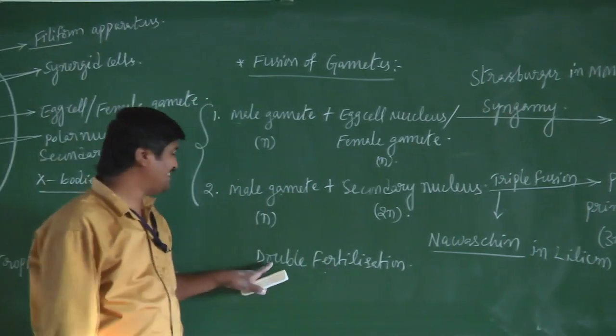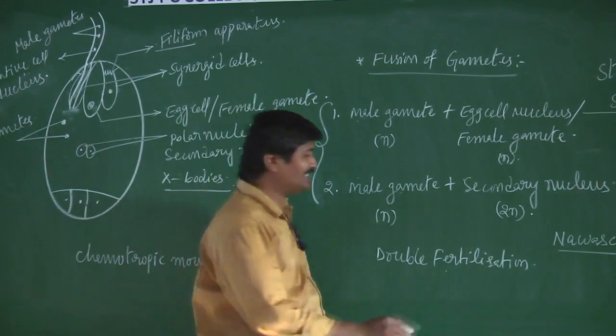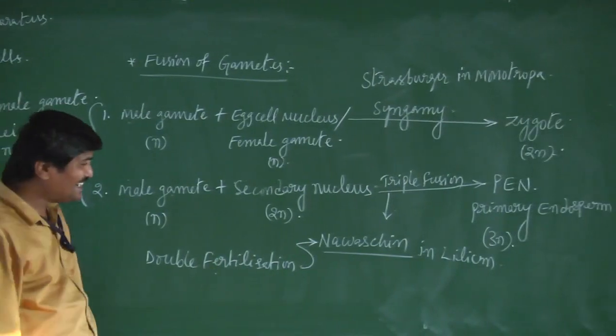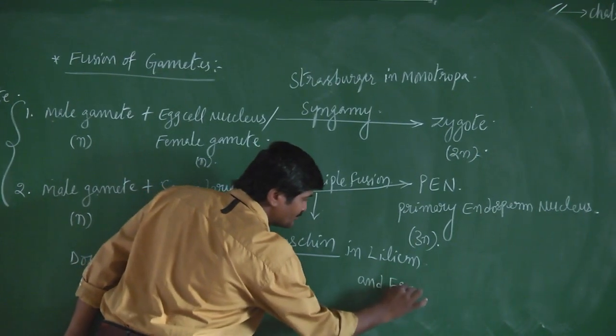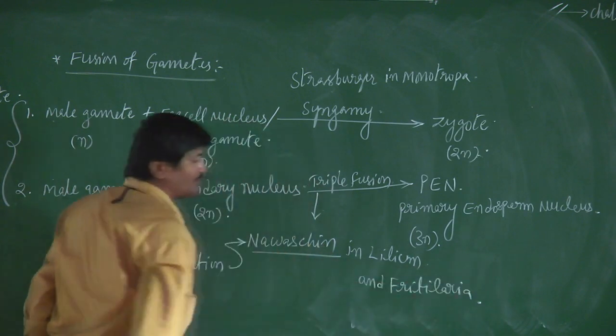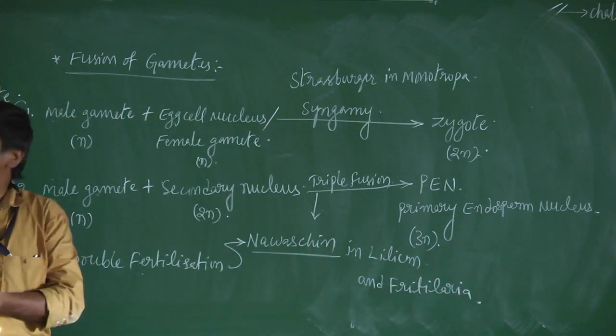That's why it is known as double fertilization. Even double fertilization was discovered by the same scientist, Nawaschin, in Lilium and Fritillaria. Okay, this is the concept of the fusion of gametes.